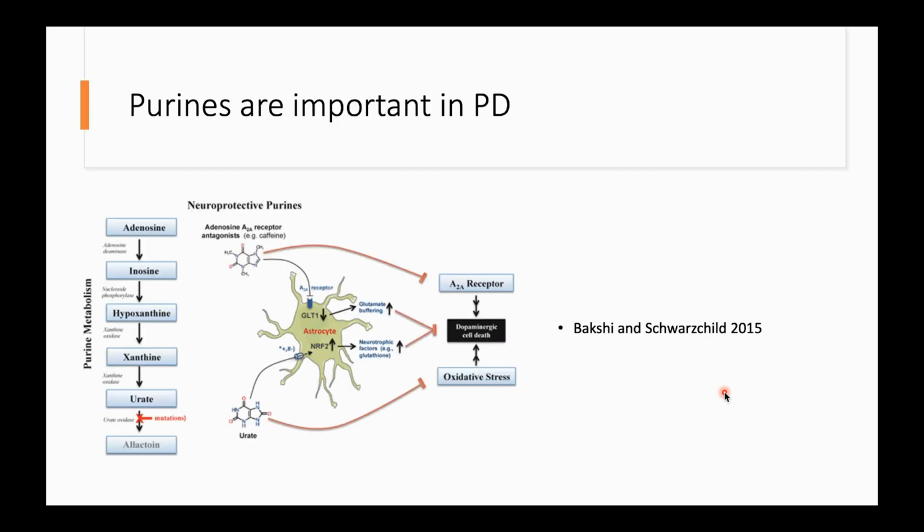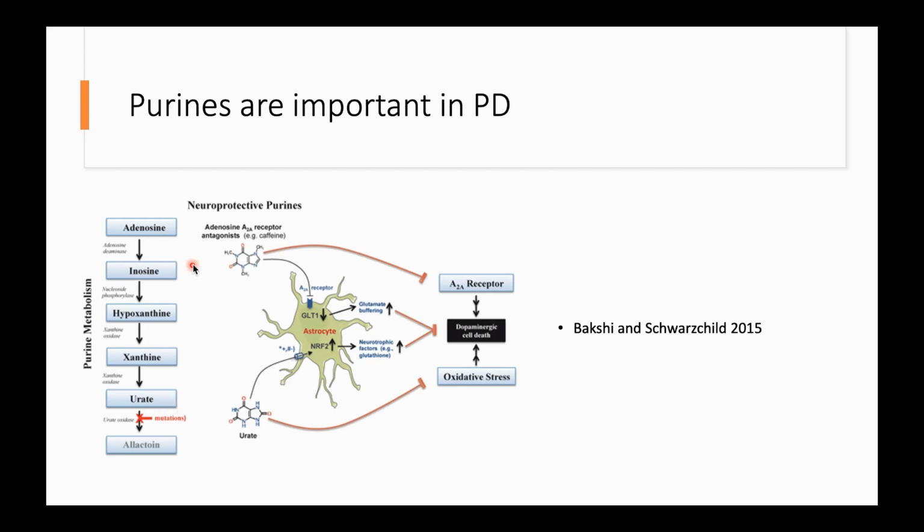Beyond their general biologic importance, purines are also of known importance in Parkinson's disease in a couple of ways. So first, the downstream metabolites of adenosine, in particular urate, the end product of purine metabolism in humans, urate is known to have antioxidant effects and is thought to be protective in Parkinson's disease based on epidemiologic studies.